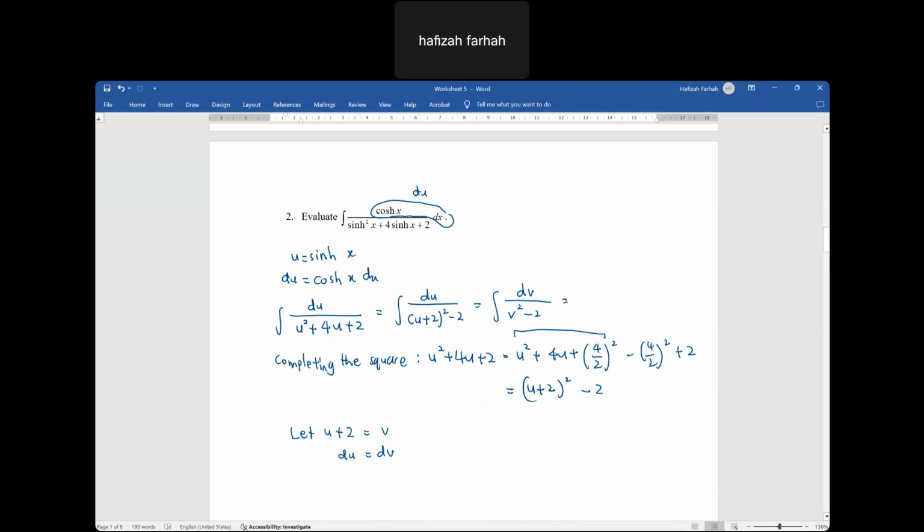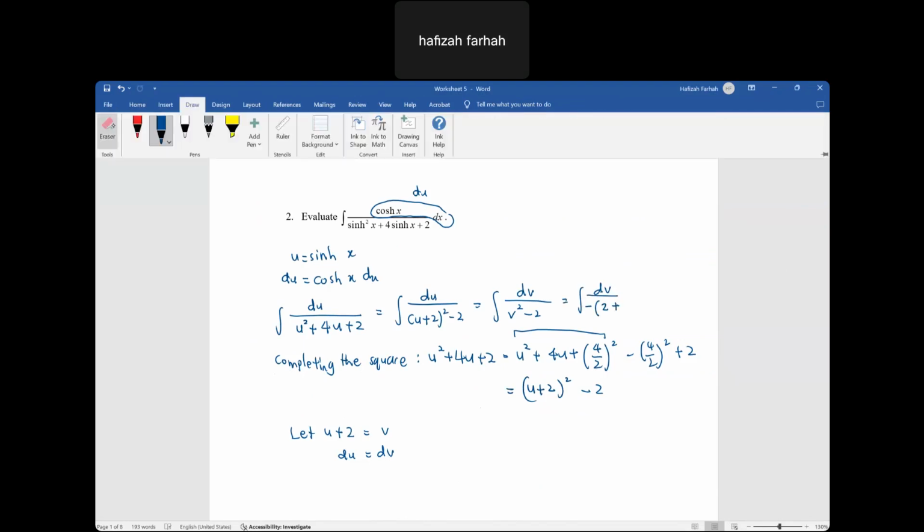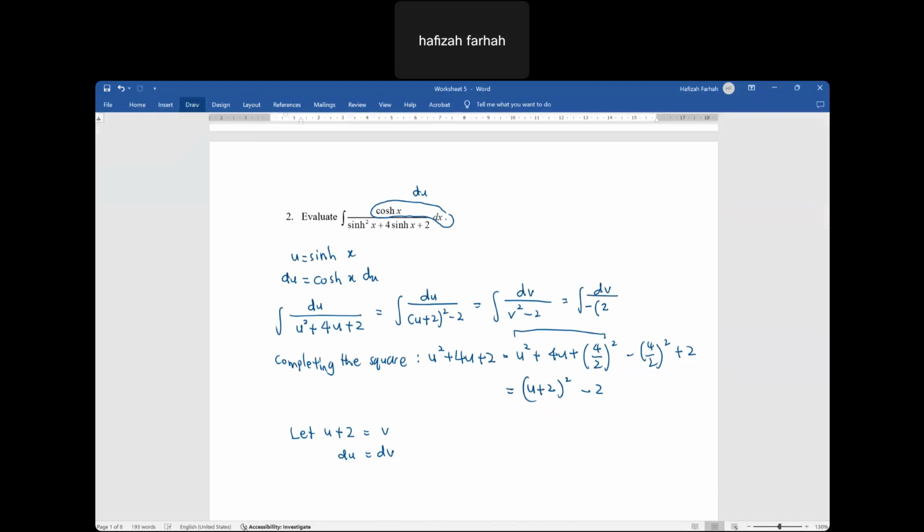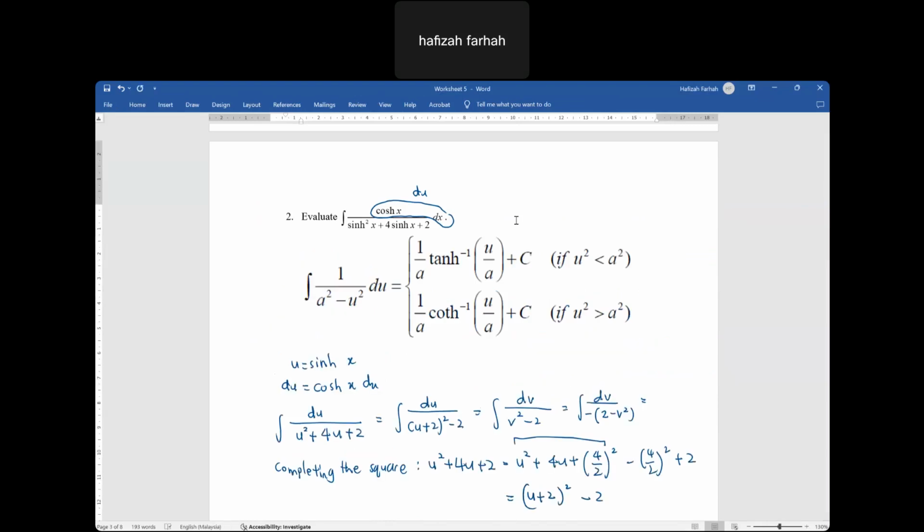So here, if we factorize the minus, you will get 2 minus v squared, which is in the same form as this. Okay, now it is the same.